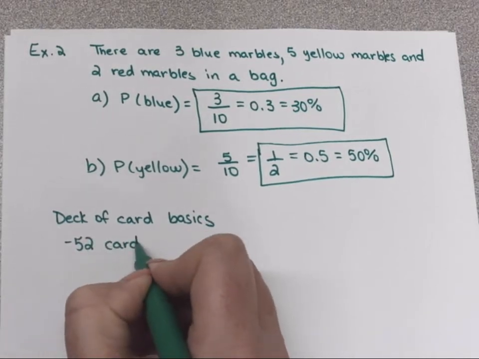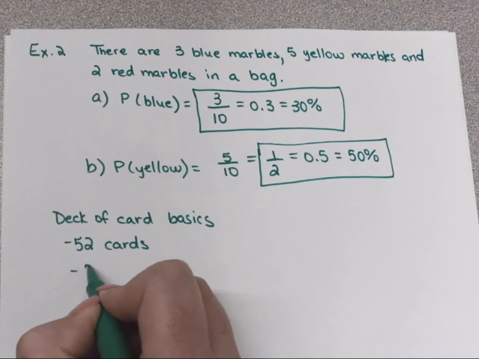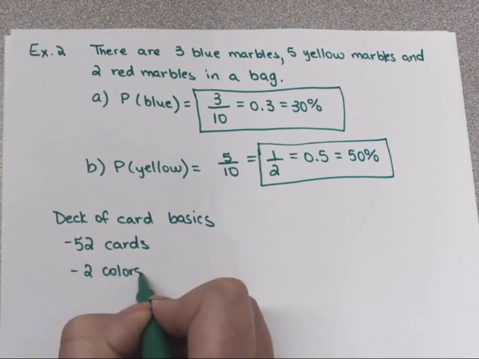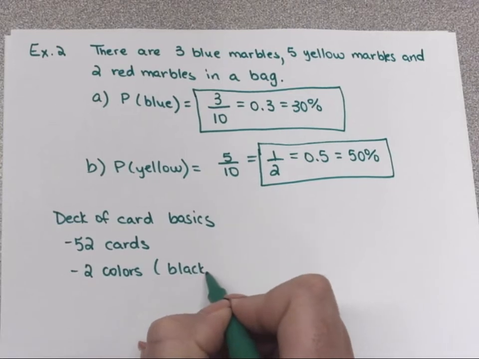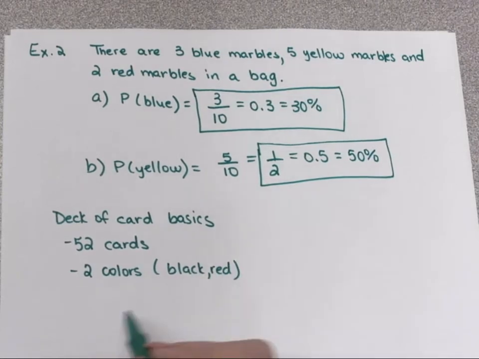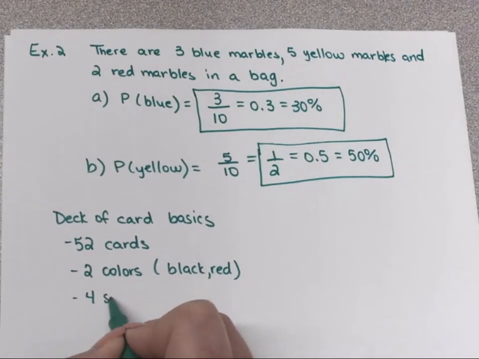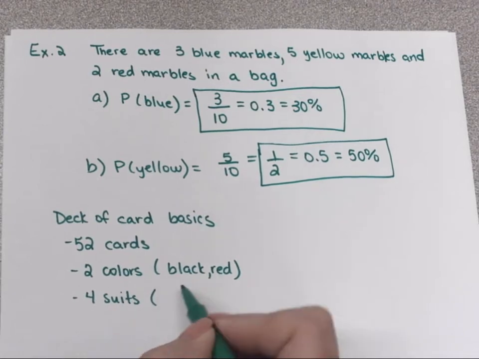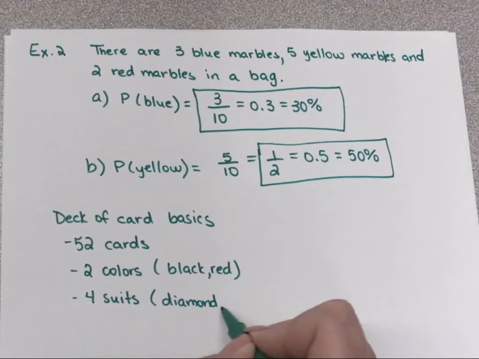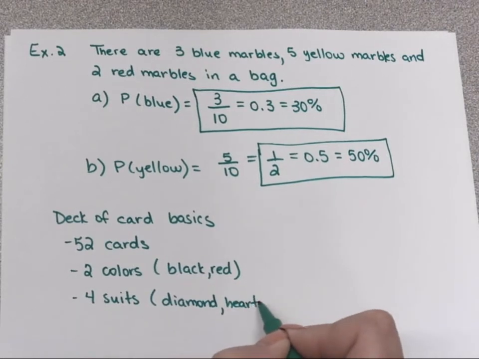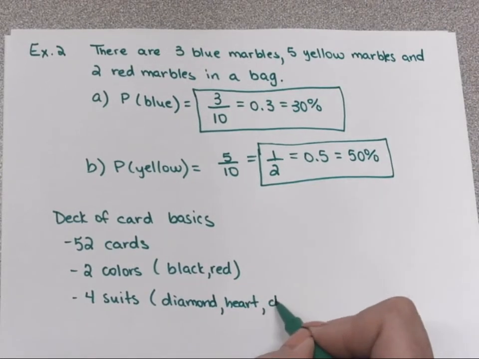There's 52 cards in a deck. There's 2 colors. What are the 2 colors on most decks of cards? Black and red. There's 4 suits. The 4 suits are diamond, heart, club, and spade.